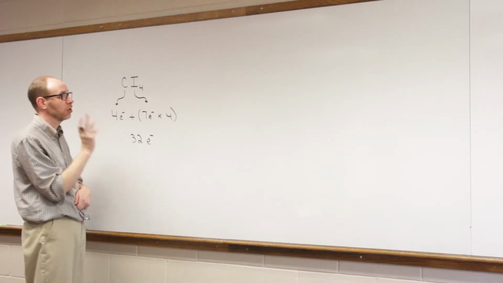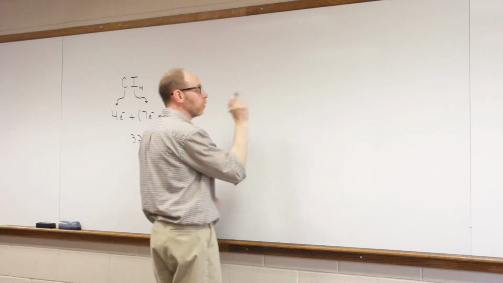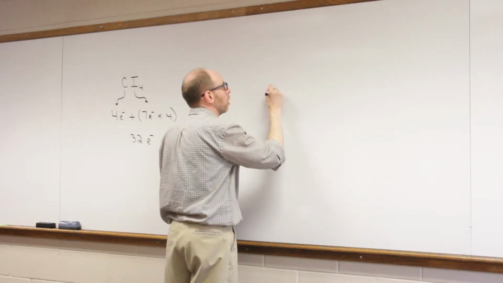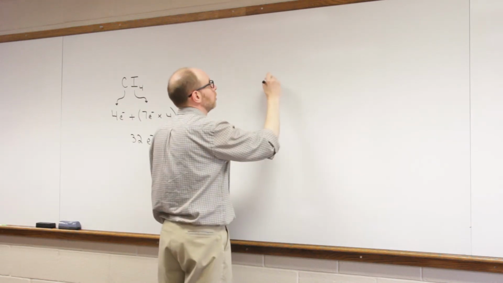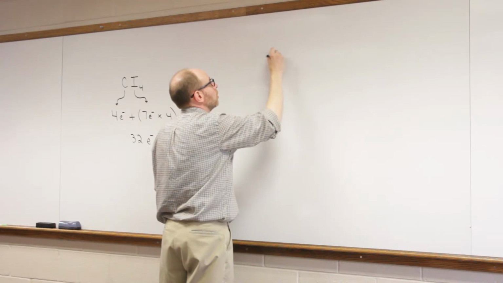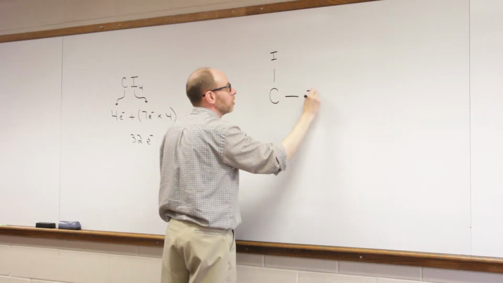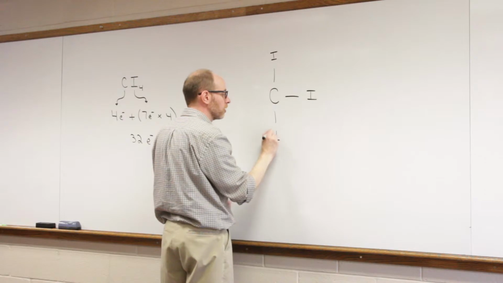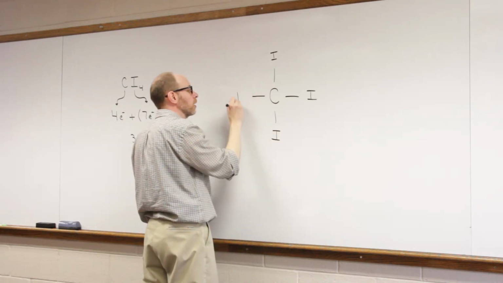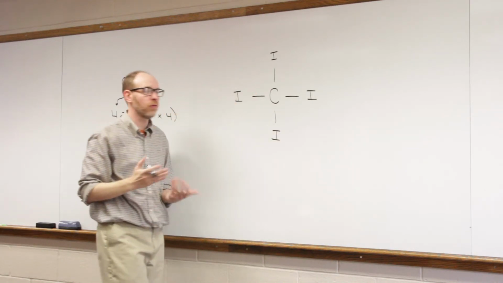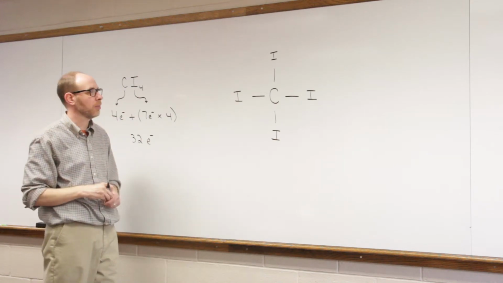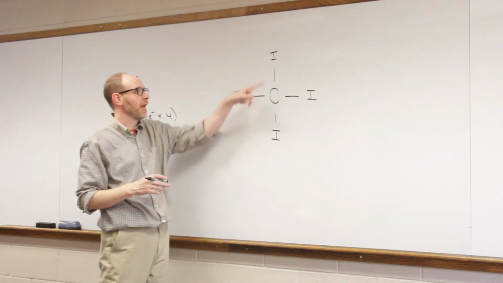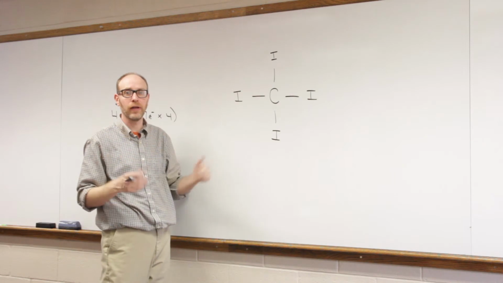So those 2 things point directly to the fact that when we write this structure, carbon is going to be in the center, and iodine is going to be distributed around that. So once we determine that central atom, we just arrange those 4 iodines around that carbon, and we just connect them each with a dash or a covalent bond.